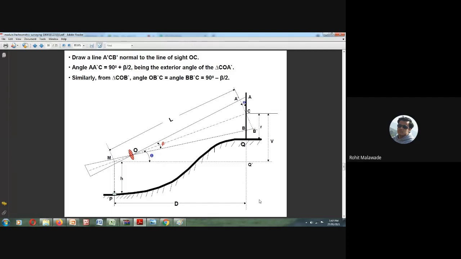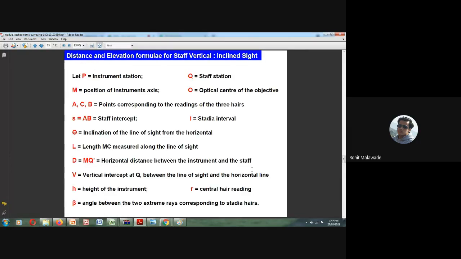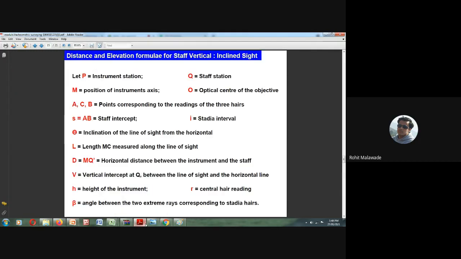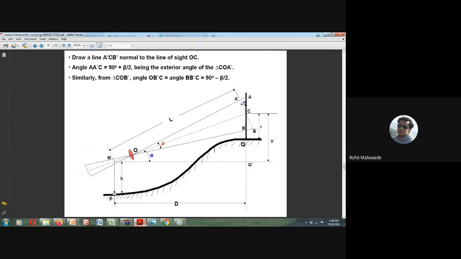Then H, from the point P, is the height of the instrument. R is the central hair reading, taken from the base of the staff to the crosshair.